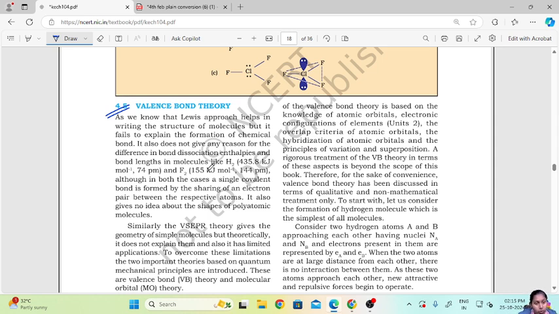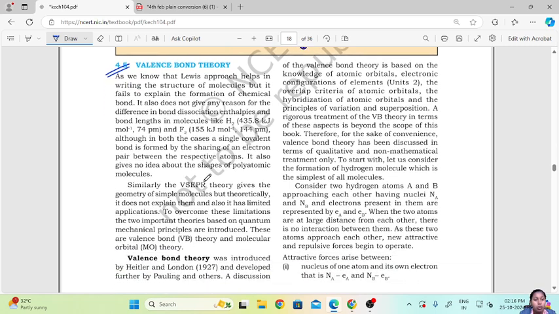Although in both cases a single covalent bond is formed by sharing of an electron pair between the respective atoms, still their bond length differs, and the bond dissociation enthalpy, that is the energy required to break the bond, also differs. Why does it differ? That also the Lewis approach can't explain.